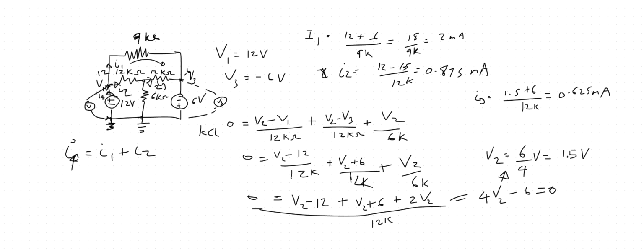I1 is 2 milliamps, plus I2 is 0.875. So that's 2.875, and that's in milliamps.